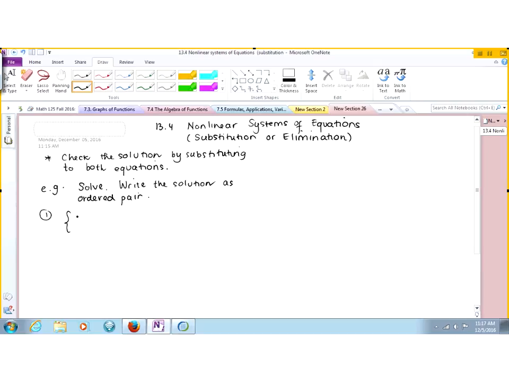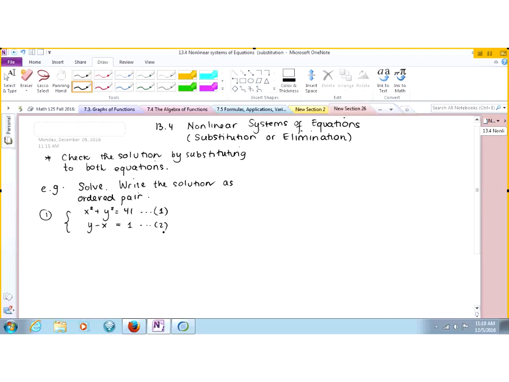Number one: x squared plus y squared is equal to 41, and y minus x is equal to 1. So this is equation 1, and this is equation 2.